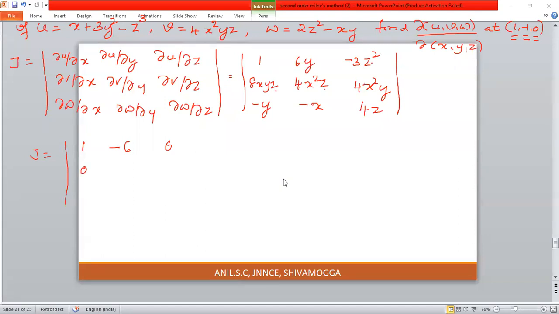Z is equal to 0, therefore 4x square z is 0. 4x square into y, x is 1 and y is minus 1, therefore this is minus 4. Next, minus y. Y is minus 1, therefore minus y is plus 1. Minus x is minus 1. And z is 0, therefore 4z is 0. The rest you can do. You just expand and find the value of this determinant.